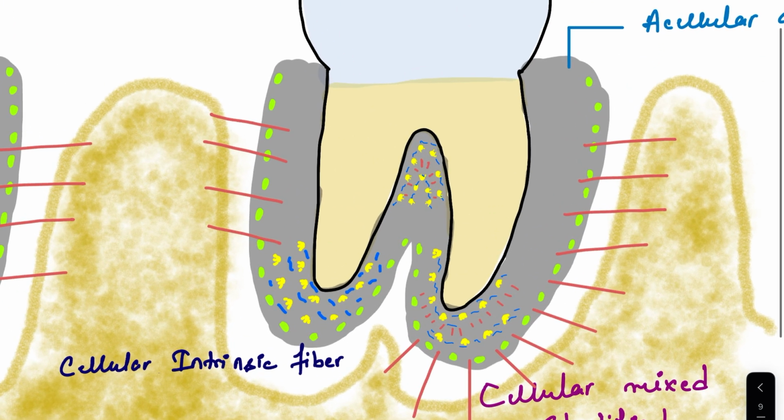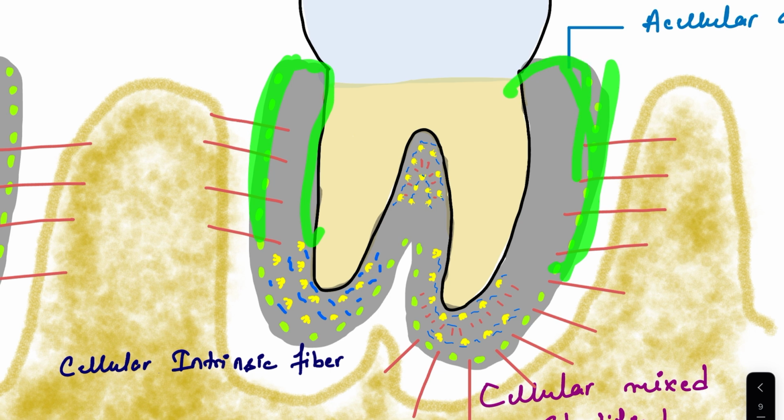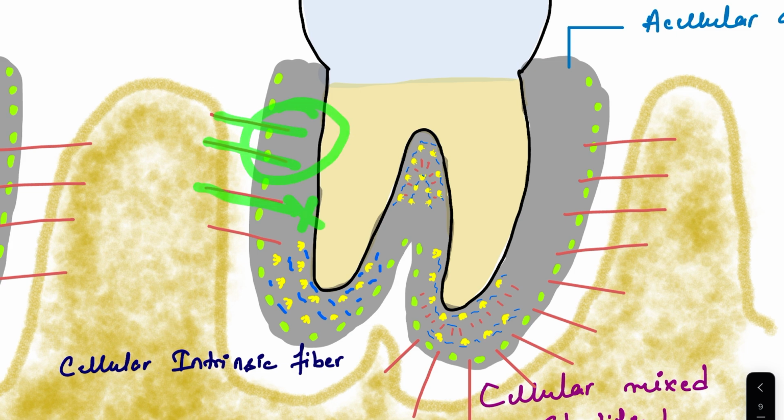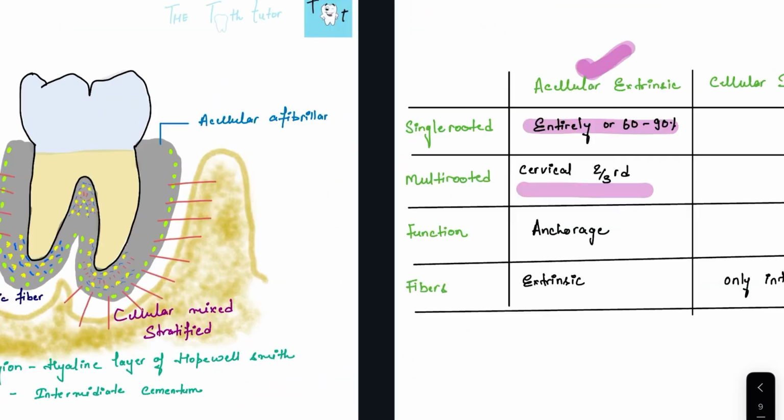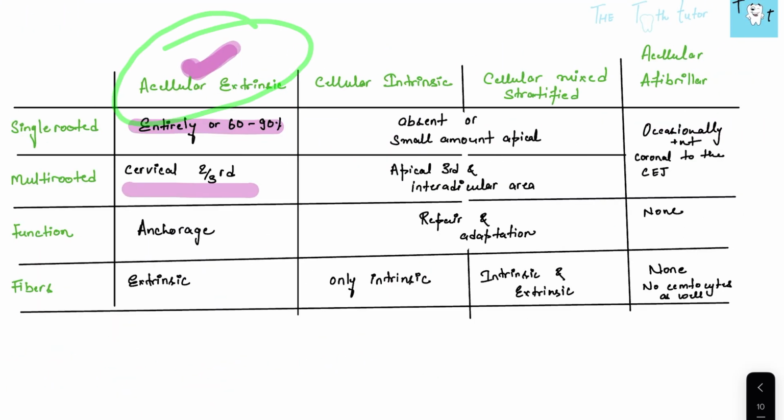If you look in the multi rooted tooth, it is present in the cervical two-thirds, in the top area. The top two-thirds of the tooth is generally made up of this extrinsic cementum, so no cementocytes, and only PDL fibers or the Sharpey's fibers are present, no intrinsic fibers. Okay, so I hope you got it. So that is acellular extrinsic type.